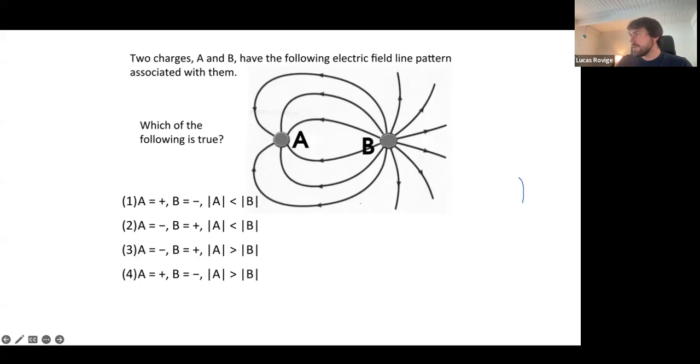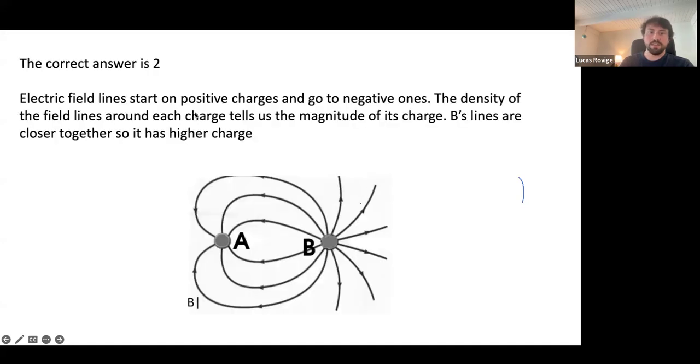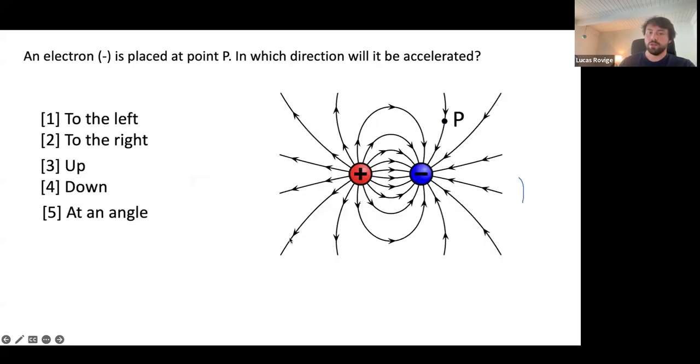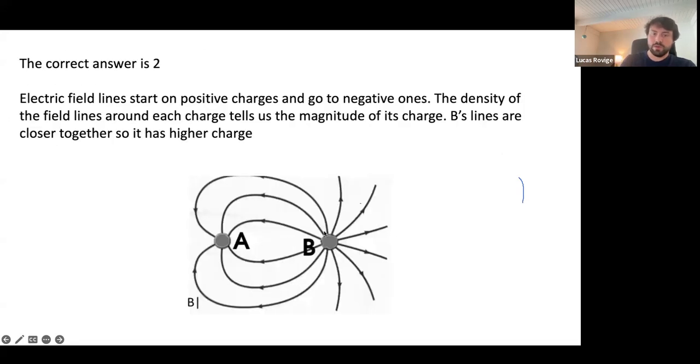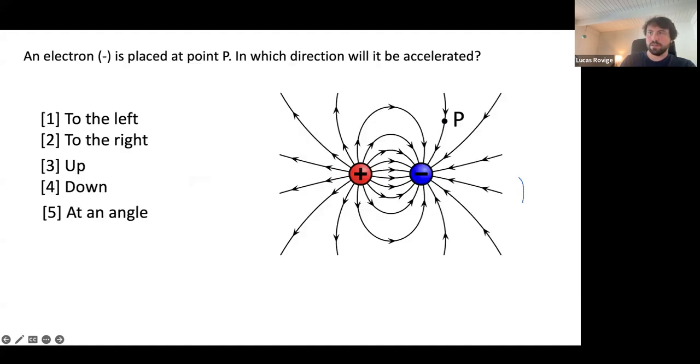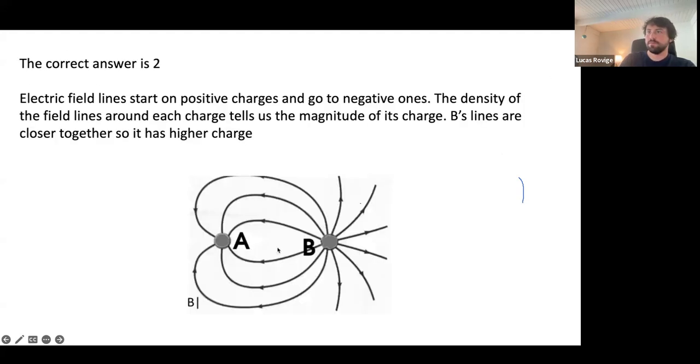All right. Yeah, most answered choice number 2, which is correct indeed. We've seen that the field lines start from a positive charge and go to a negative charge. So indeed this is positive, negative.